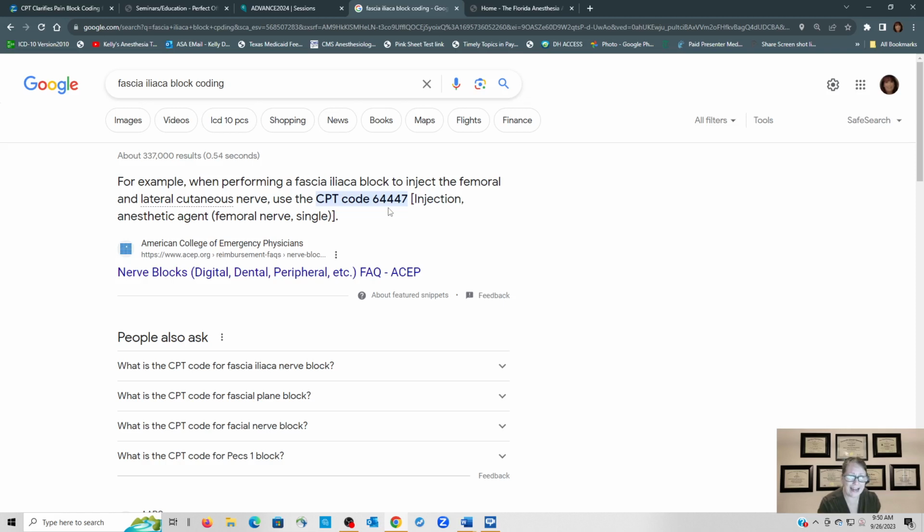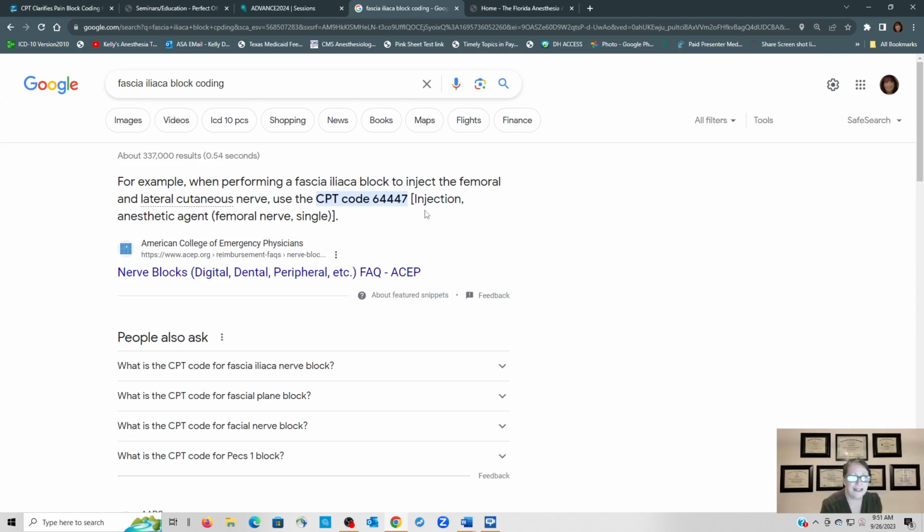As a hands-on coder for many years, I will tell you that I did not subscribe to the CPT Assistant. I had an archive of CPT Assistant articles because that was a while back, and anesthesia is not a frequently discussed topic in the CPT Assistant. But they do a lot of blocks. So now I do subscribe to this, but I know that not all coders do.